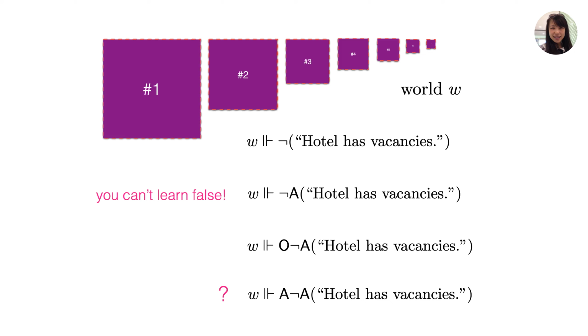So in world W, our question is if A, not the hotel has vacancies, is true. And I would like to argue this in the next slide.